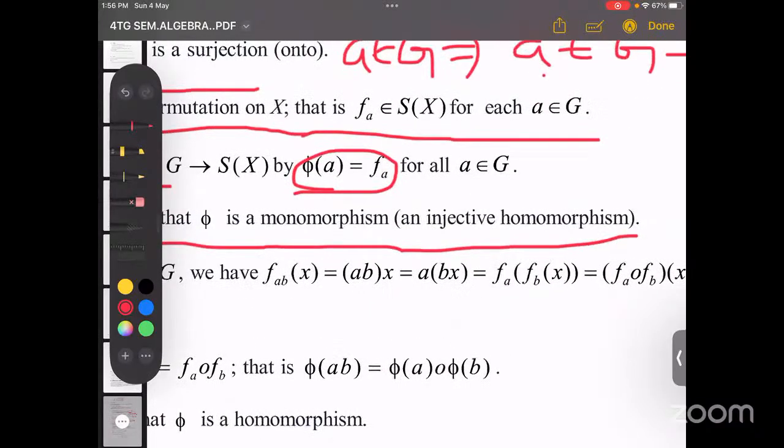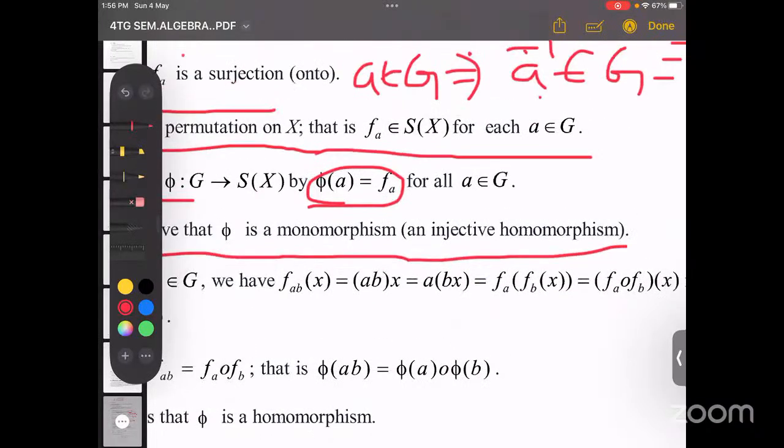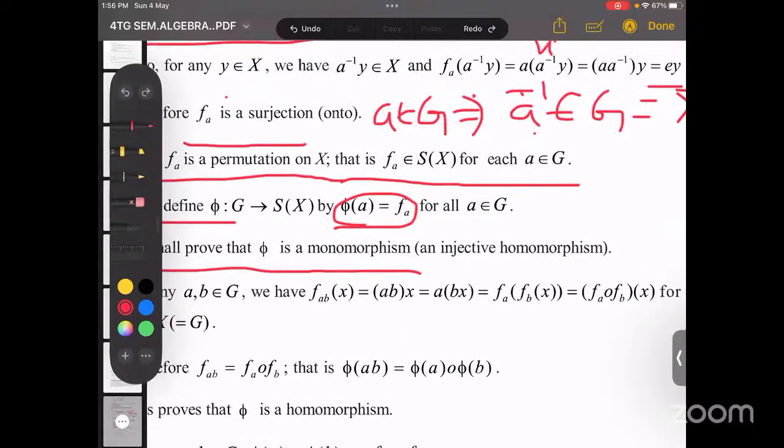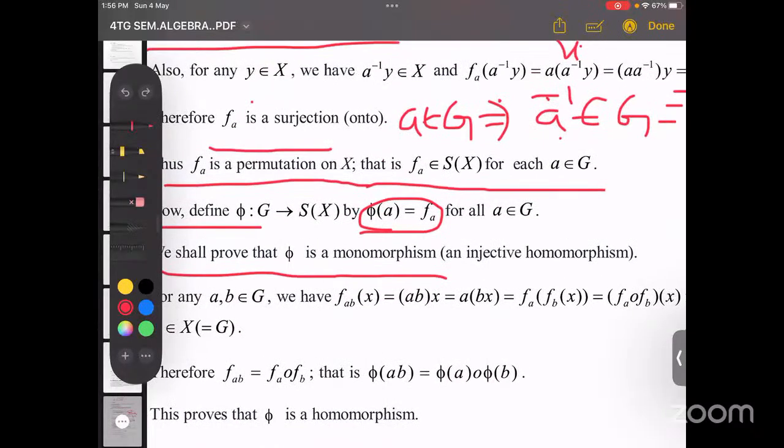So here first it is homomorphism we are showing. For any A comma B belongs to G, we have homomorphism means what? You have to remember this: F of A star B is equals to F of A circle F of B. This is the condition for homomorphism.